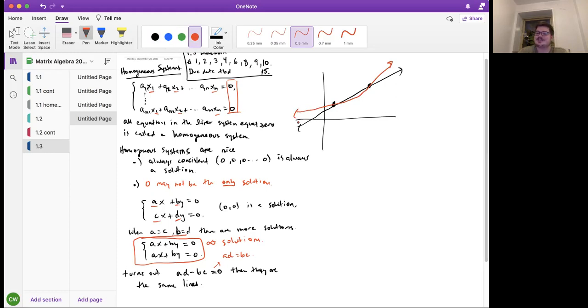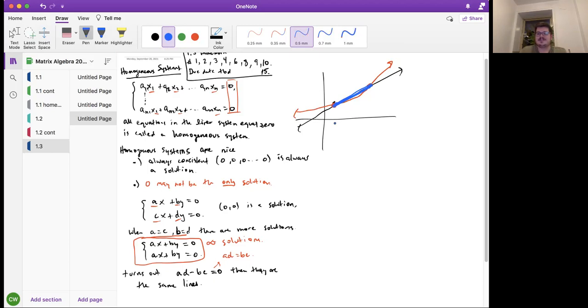That would be the implication, right? If there were 2, well, there's only one line that passes through these 2 points. So if there's more than one solution, it has to be infinite immediately.